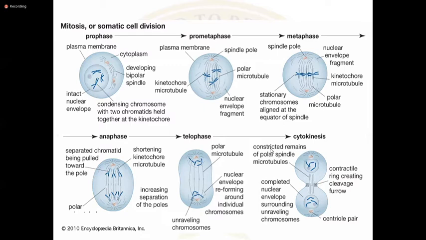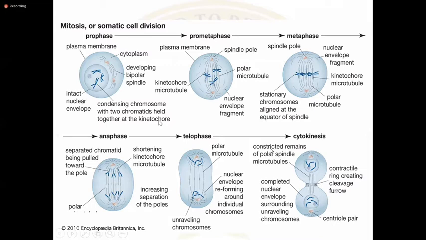Clear? So they will be holding from here up to the centrioles. So these are the specific microtubules which are meant for holding these centrosomes with the chromatids in the equatorial plane.